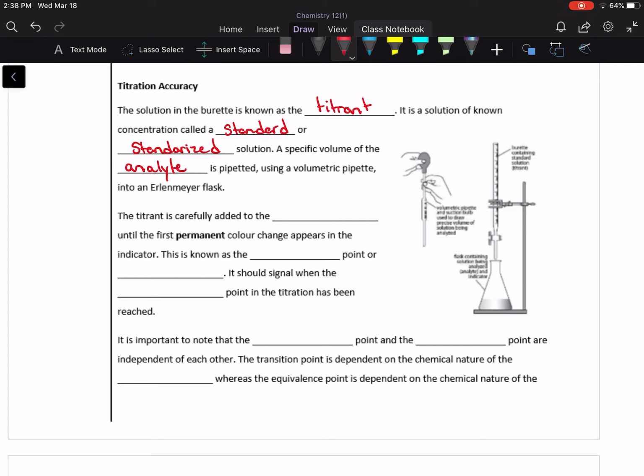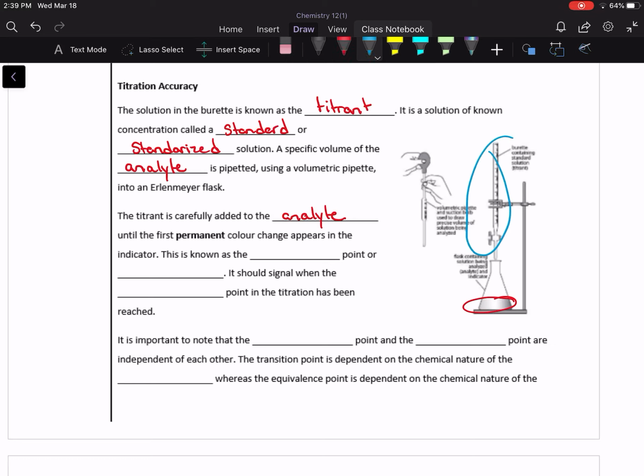The titrant is then carefully added to the analyte until the first permanent color change appears in the indicator. So we're going to add an indicator to our analyte, which is in the Erlenmeyer flask below. So this is our analyte containing an indicator, and inside the burette is our titrant.